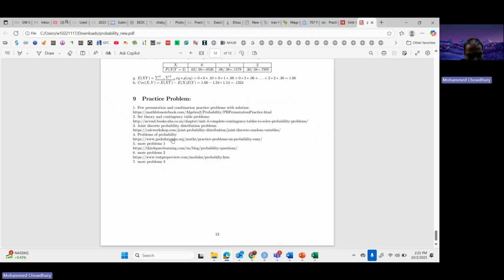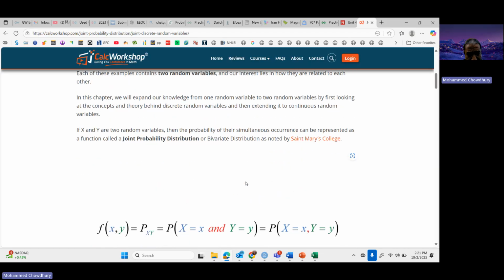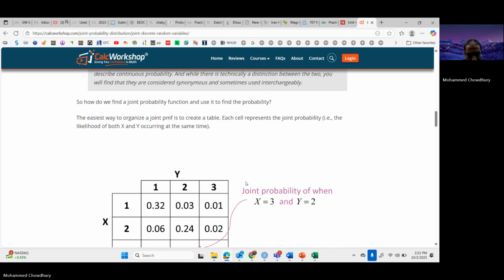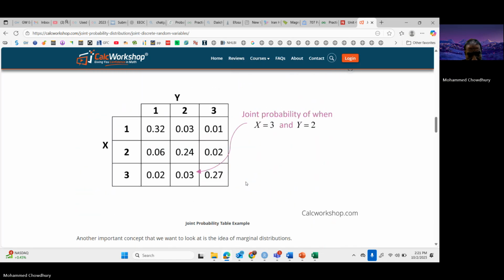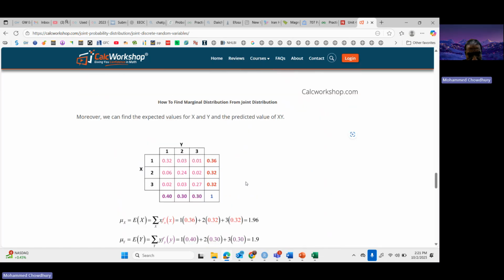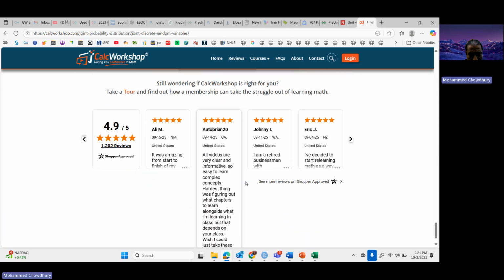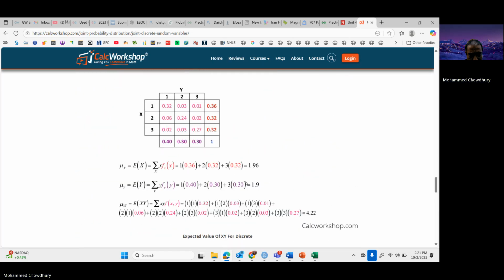Let me go to this discrete probability joint. This type of probability I already solved. Oh, it is already solved in here.